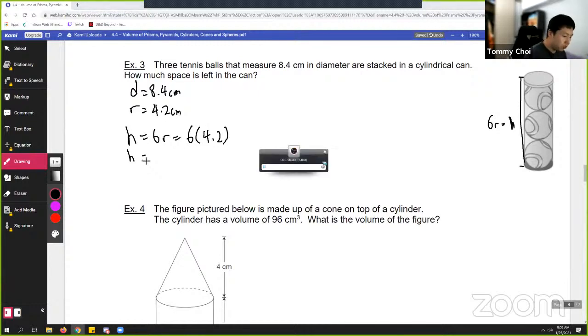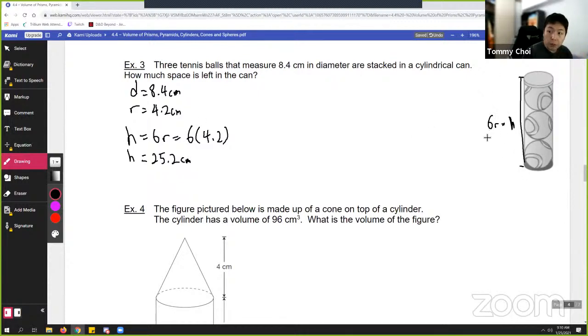And so h is equal to 25.2. Okay? Are there any questions about that? I don't think that one's particularly difficult. So we have 25.2 centimeters as the height of the canister.